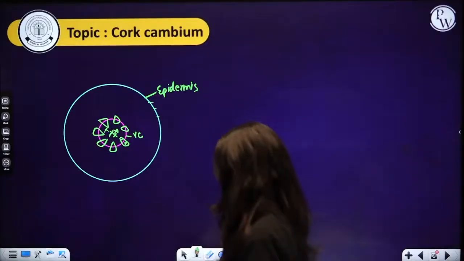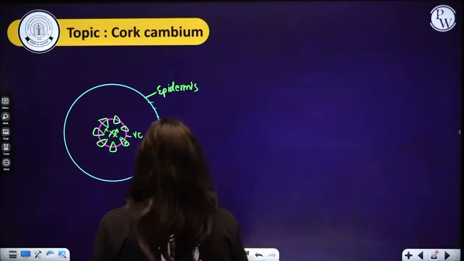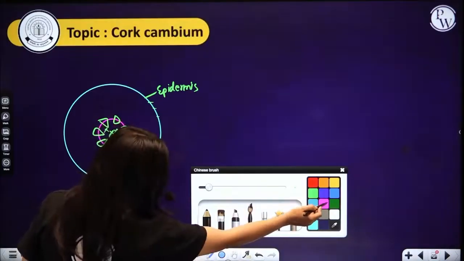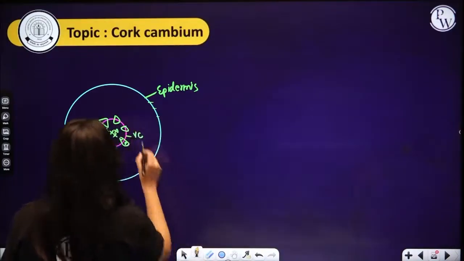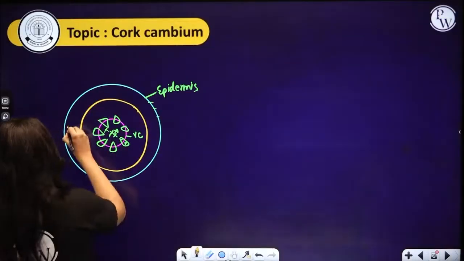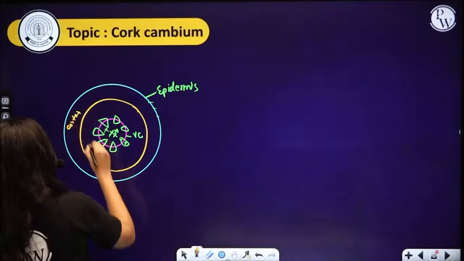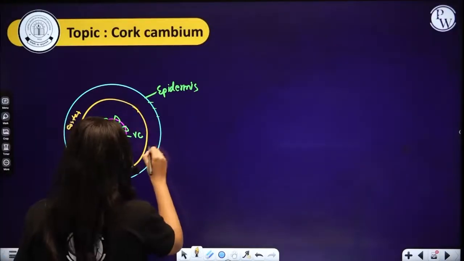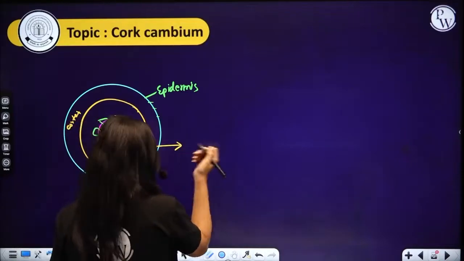Okay, so what happens there is, from the cortex, a strip of cells from the cortex, let me use yellow. If you can think of this as the cortex, it has parenchyma cells. This cortex will undergo dedifferentiation.